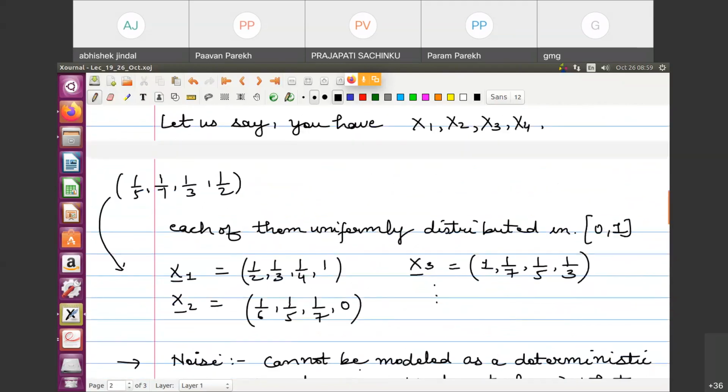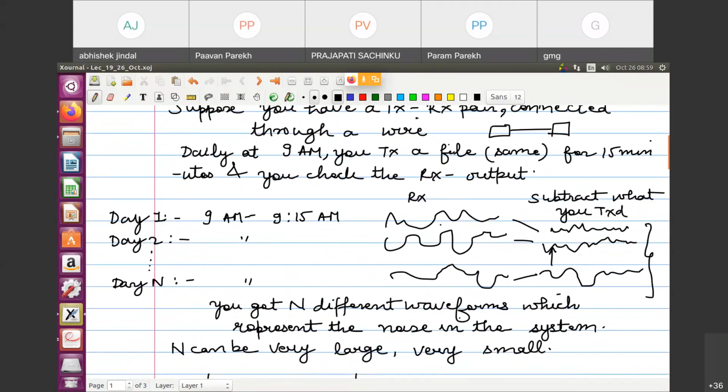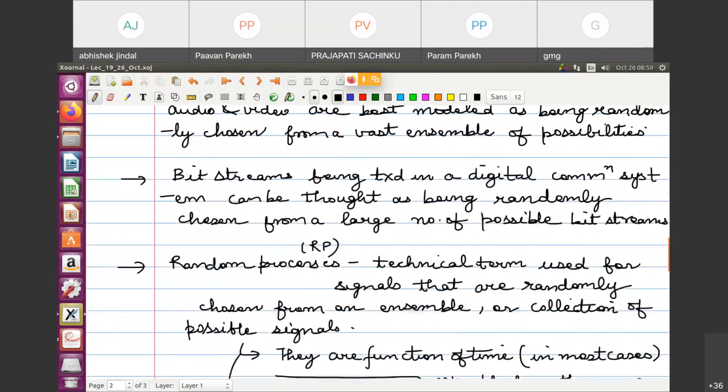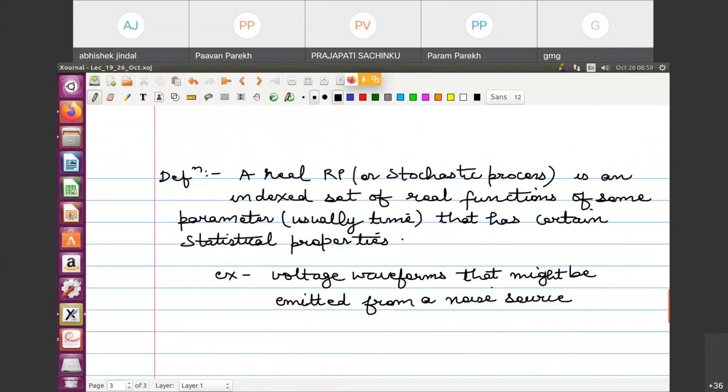So these are the waveforms emitted by a noise source. Why? Because at the receiver we have subtracted what we transmitted, so the remaining waveforms are noise waveforms. If there is a noise source, meaning some source which is emitting possible waveforms that mimic noise, that would be a sort of random process, a real random process, because we are assuming real functions right now.